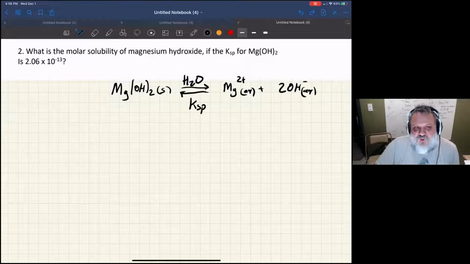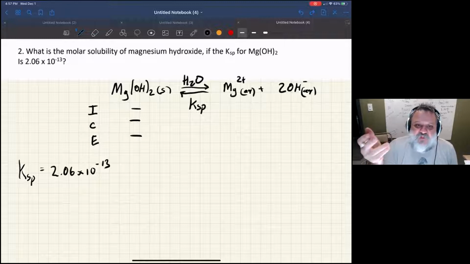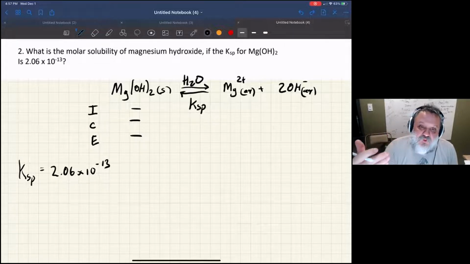Now, you approach it in the same way you do every other equilibrium, and that's to say that I'm giving you the equilibrium constant, and we can use an ICE table in order to sort this business out. Now, the thing is that since magnesium hydroxide is a solid, it doesn't get included in the equilibrium expression.